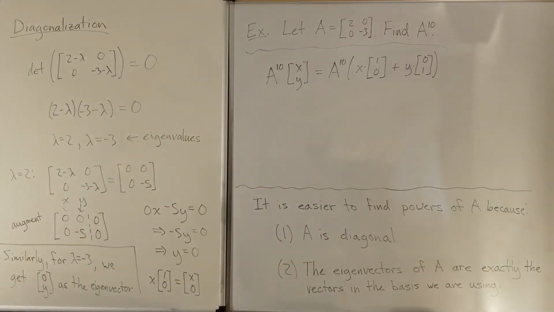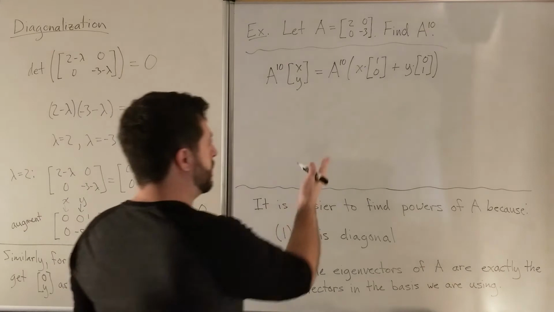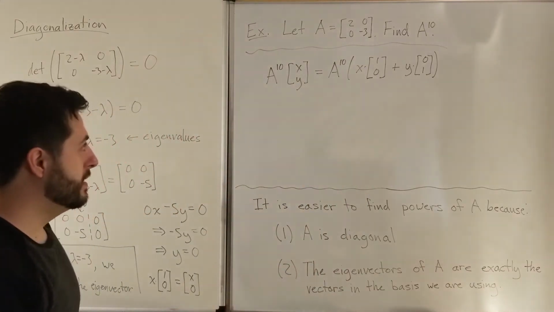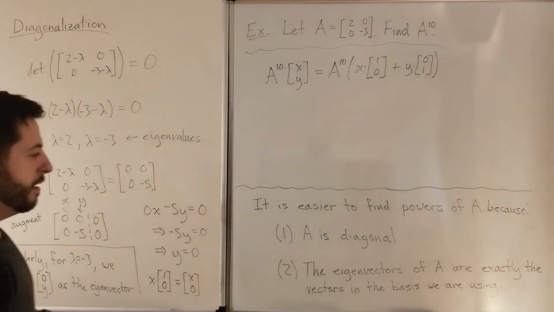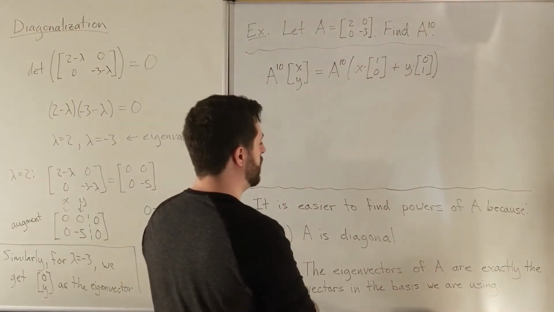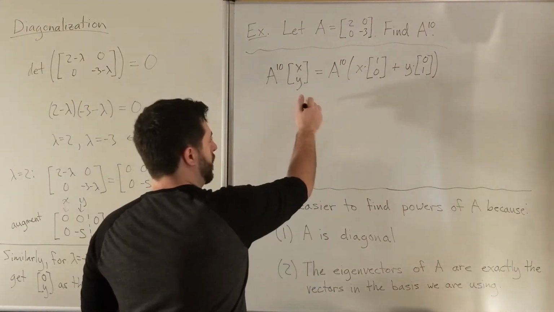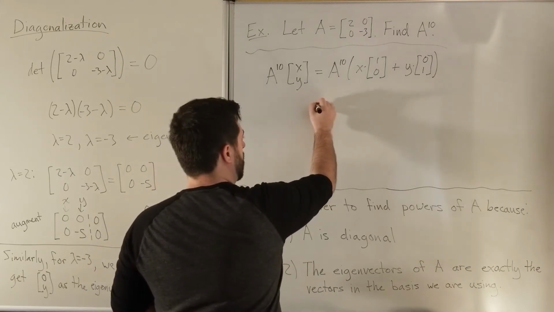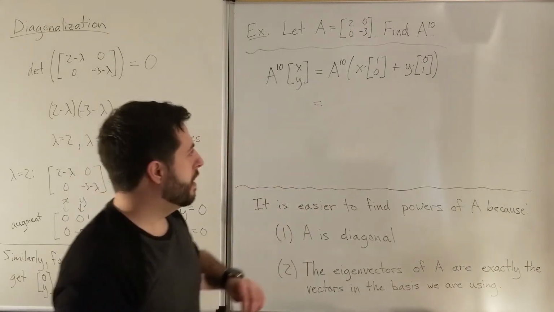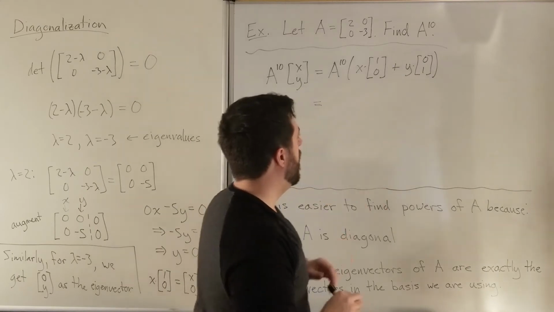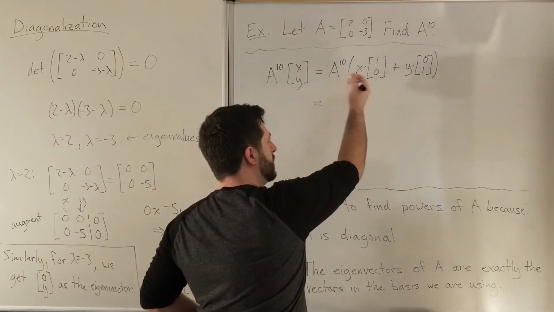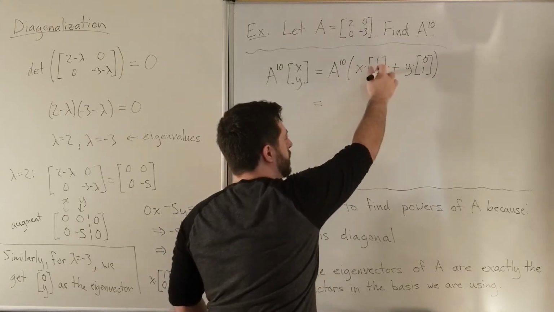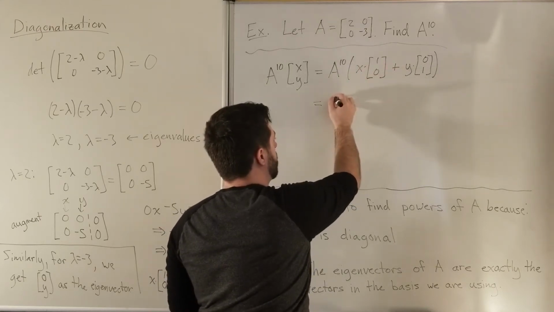Okay, so this vector that we're applying A to the 10th to is still the same vector x, y. I've just written it in a different format. And what can we do for this? So we know that these vectors are eigenvectors of A, and so we can distribute this A to the 10th in and apply it to each one of these vectors individually.